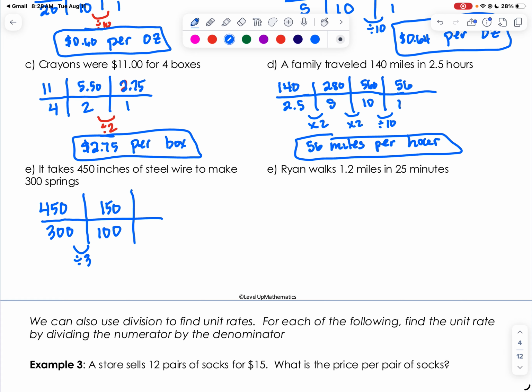Now, it's easy to scale from 100 to 1 because all you have to do is divide by 100. If I divide 150 by 100, I get 1.5. So this would be 1.5 inches per spring.